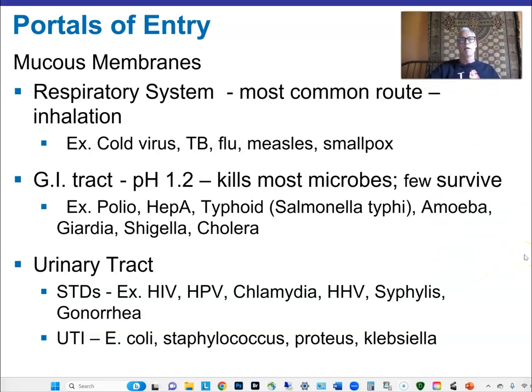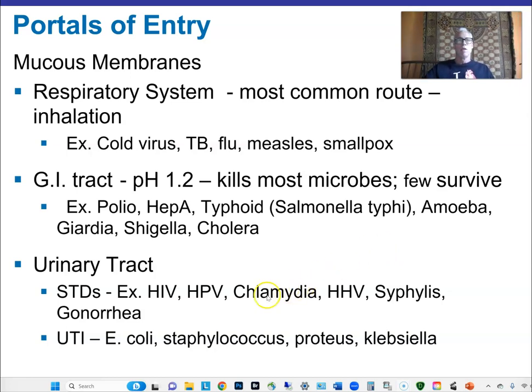And most of them are killed when they are exposed to the seething cauldron of acid that is our stomach, but a few survive. And the number that survive determines whether or not disease will take place. There's usually a minimum dose of a bacteria that will cause disease. And so if you take in enough, there's going to be enough survivors through that stomach that you could cause an intestinal disease.